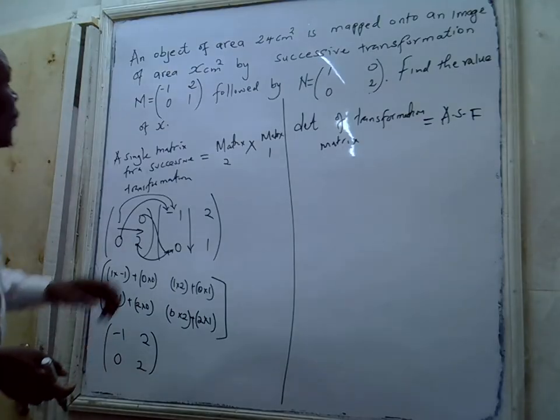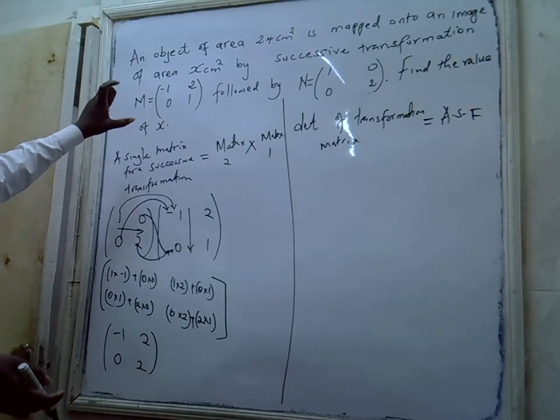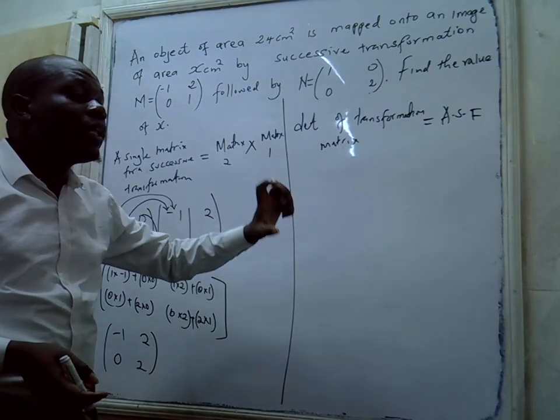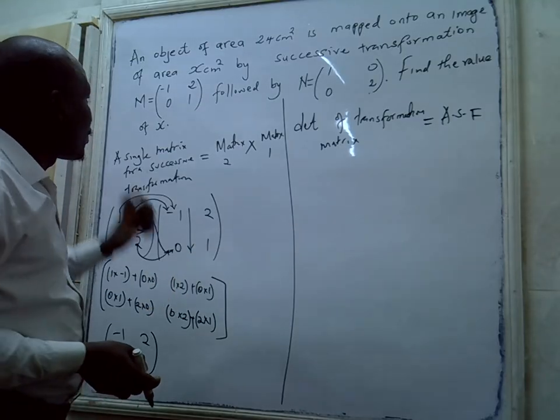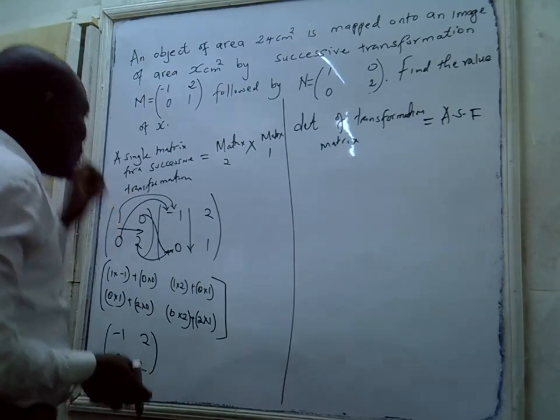Therefore, the area scale factor we know very well is given by area of the image over area of the object. For that reason, let us first find the determinant.